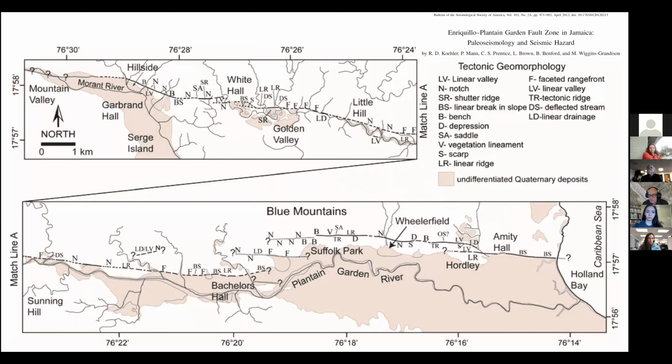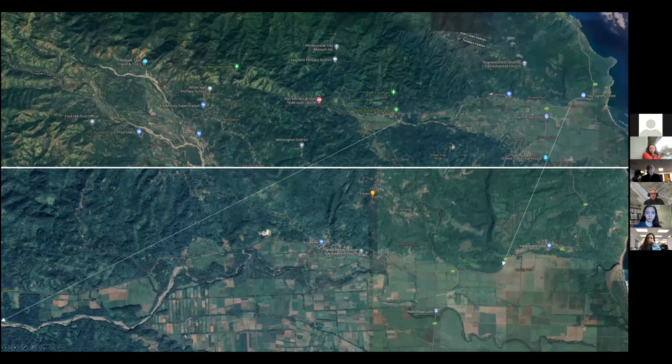So let's step back for a second. This is published in BSSA in 2013. This is in Eastern Jamaica, and these are just my figures, quick screen caps from Google Maps, just to show you the vegetation is pretty important, and also the agricultural modification of the landscape. But you can still see some breaks and disruptions.